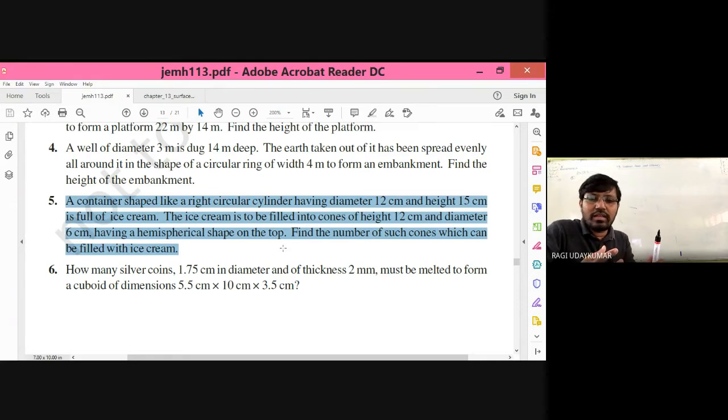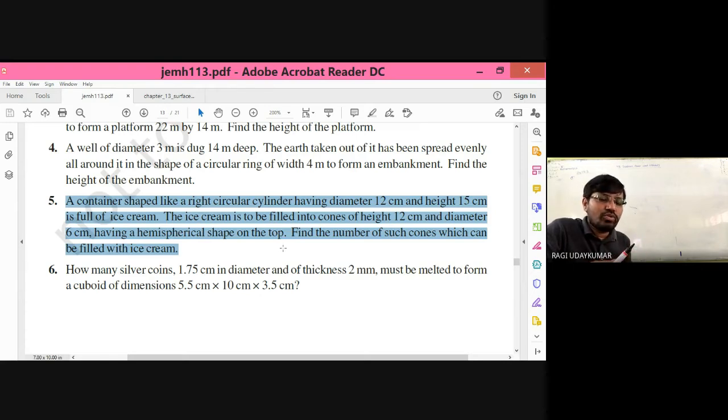Volume of one cone ice cream filled in the cone is equal to volume of the cone plus volume of the hemisphere.